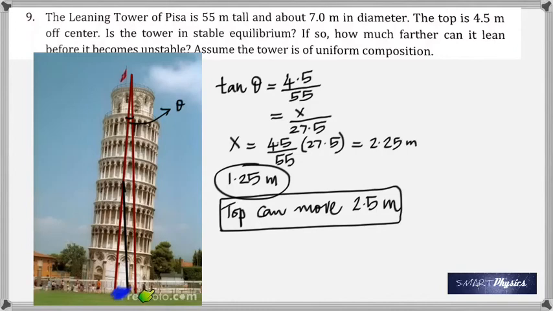Where did I get that from? The radius is 3.5, isn't it? So if this is already 2.25, the remaining is 3.5 minus 2.25, which is 1.25. So if this line can go 1.25 meter more, that means the line from the top can move double of that, which is 2.5 meter. I hope you got that.